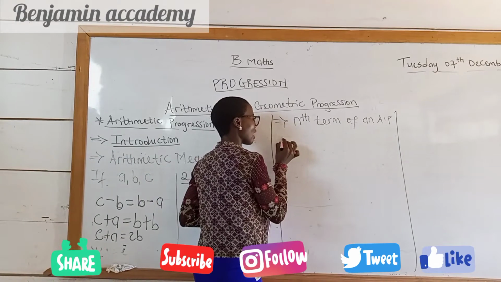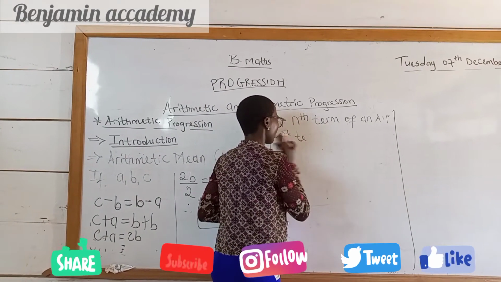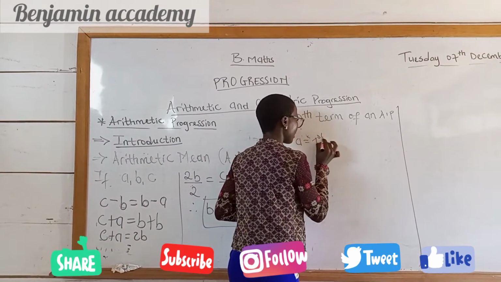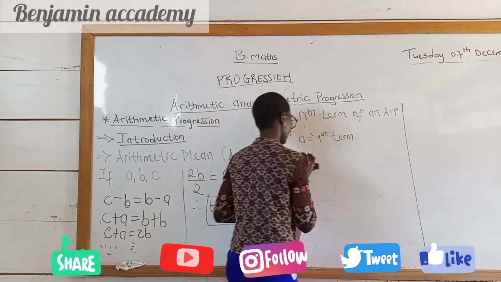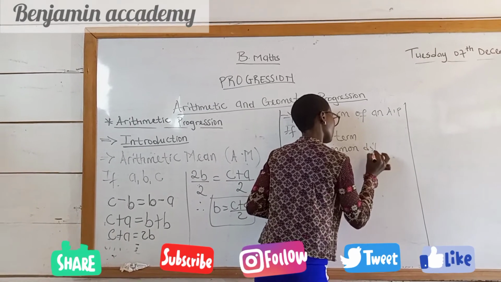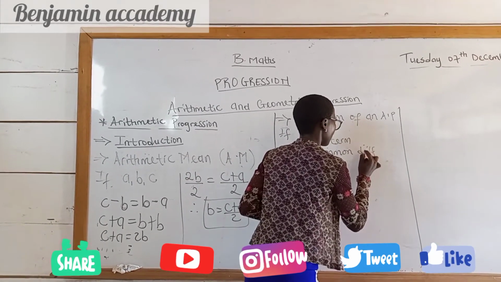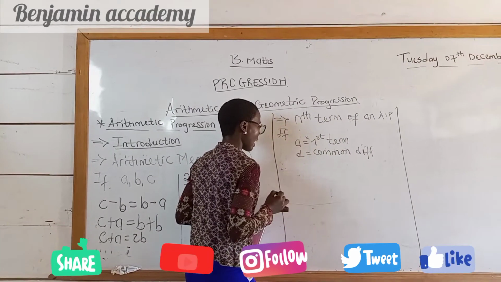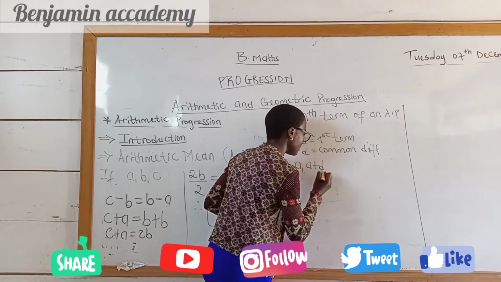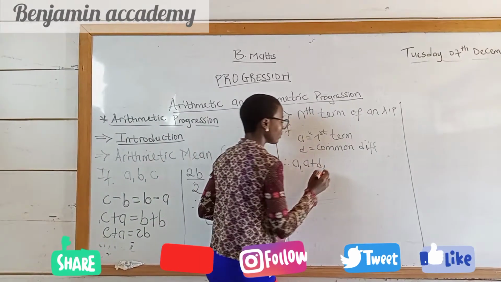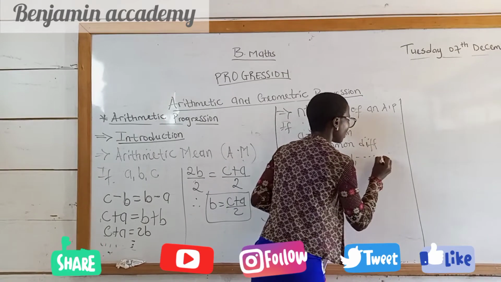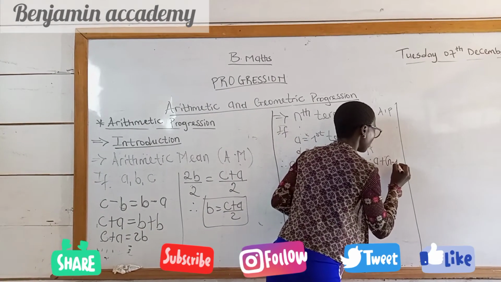If A is the first term and D the common difference, then we know A is the first term, A plus D is the second term, A plus 2D is the third term, up to A plus (n minus 1)D.